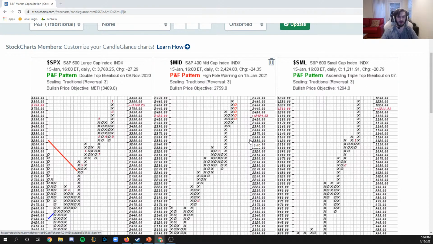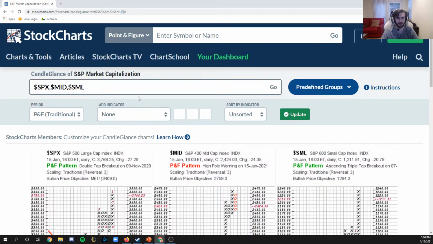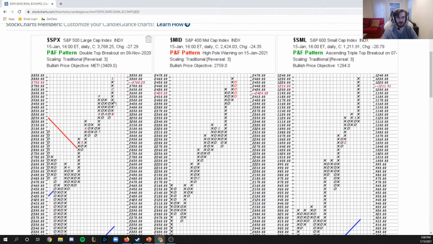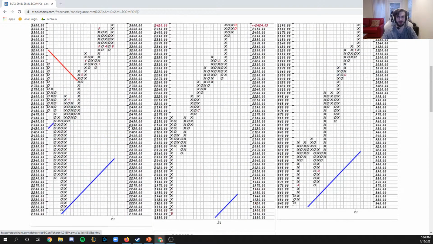Let's go explore why. You can start your search here by looking at these different charts, picking and choosing the charts that you want to see, and you can always add or remove charts right here. So now I have the Nasdaq Composite.